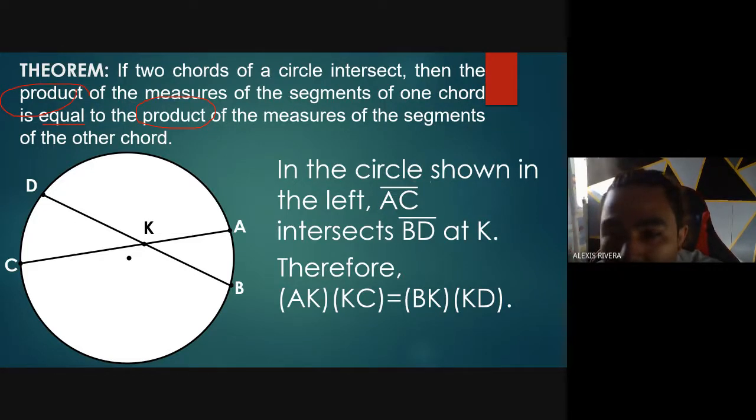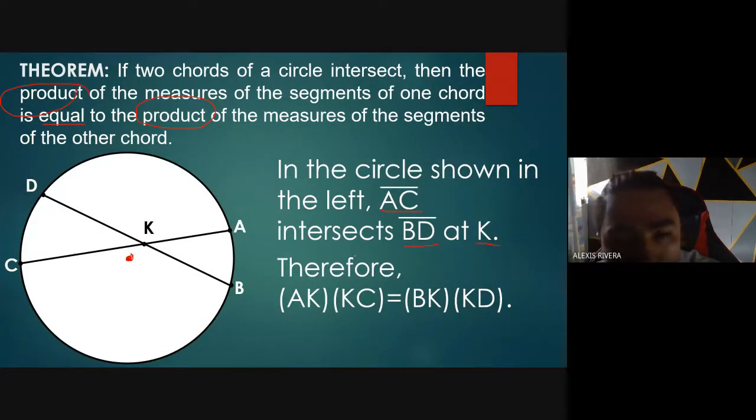So in the circle shown in the left, AC intersects with BD at point K. So katulad niyan, yung AC and BD, they intersected at point K. So this is the center ha, wala sila sa center.